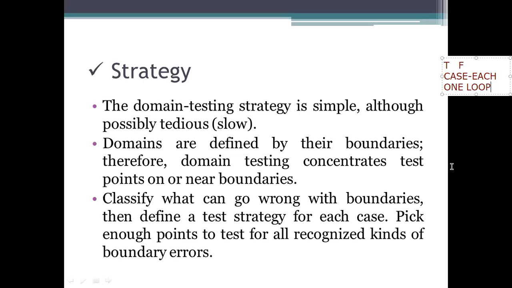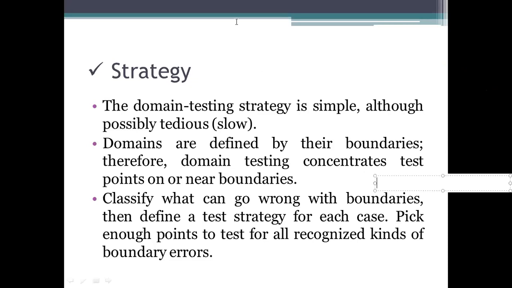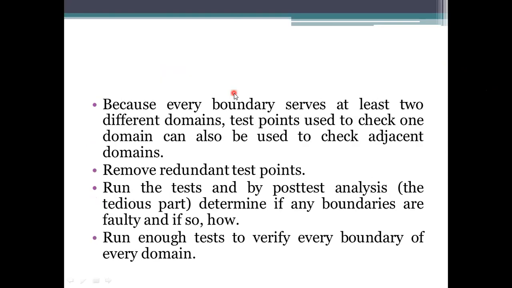And here also I need to consider only enough points to test the boundaries or the domains we have. How am I going to test with enough paths or enough boundaries here? We need to plot the points on the boundary. How I am going to plot this is, we need to check whether each boundary we are representing has different domains or the same domains.